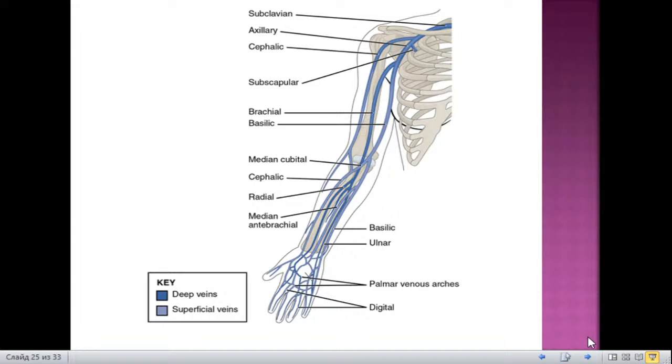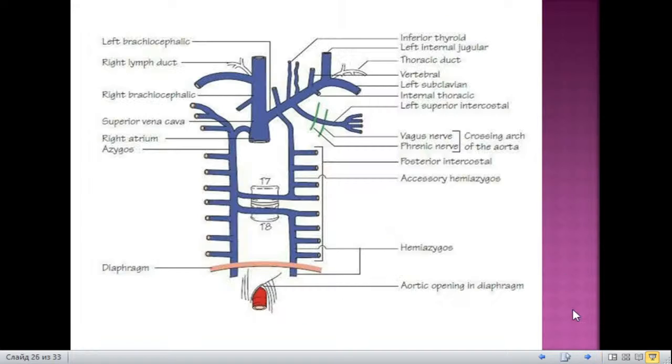Well, next one, about the organs of the chest. Inside of the chest we have two interesting venous collectors. What are these collectors?